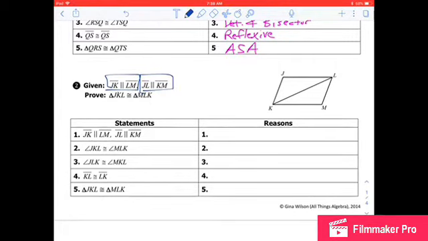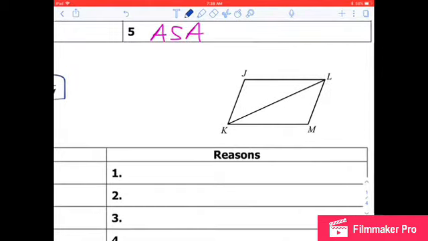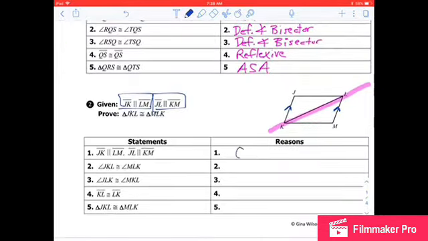Okay, so JK and LM. JK is parallel to LM. And as you can see, this is your transversal. Okay, so what we have here, this is something we learned last chapter.